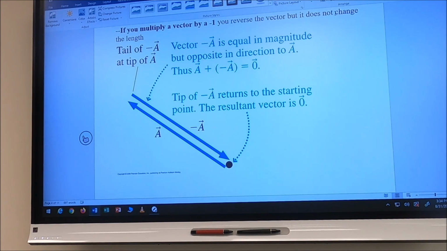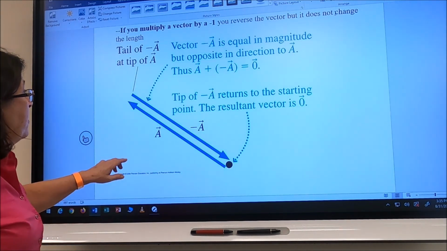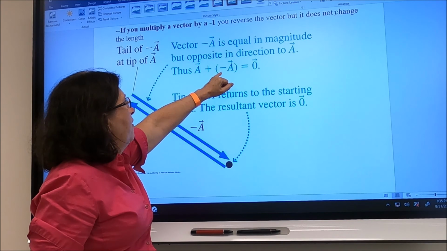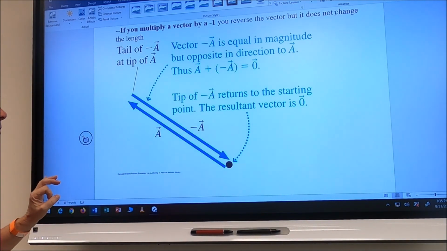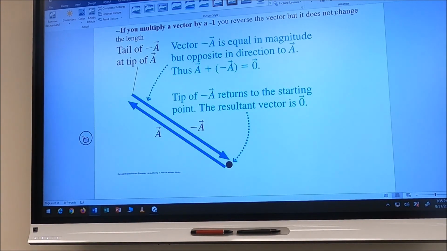So, if you look at vector A and vector -A, they point in opposite directions. Something to remember is that when I have a vector A plus a vector -A, they always add up to 0. You always are back to where you started from. You get a 0 magnitude vector.